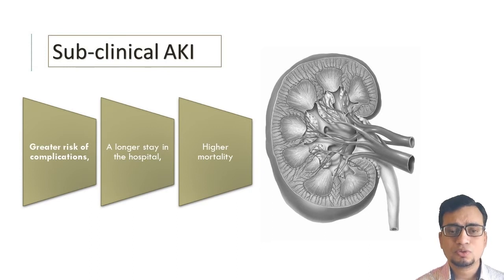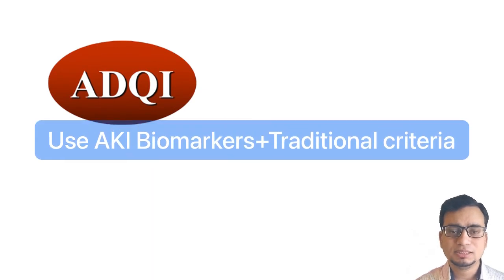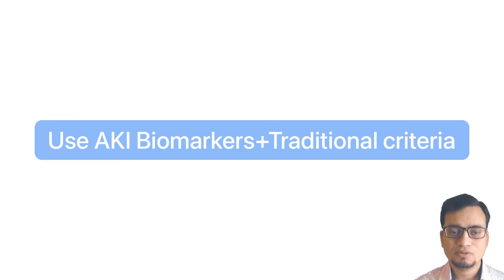Recognizing their crucial role in critical care nephrology, the 10th Acute Dialysis Quality Initiative Consensus Conference proposed to utilize both functional and damage biomarkers in combination with the traditional markers of acute kidney injury to define, characterize and stage the AKI. Commercial kits for the measurement of cystatin C, NGAL, IGFBP7 and TIMP2 are available nowadays.